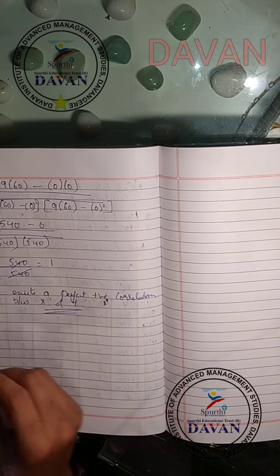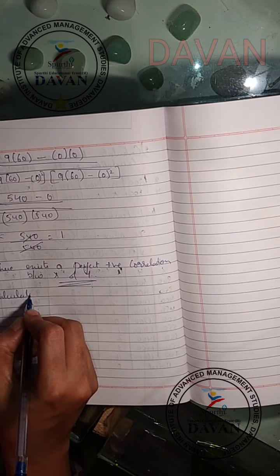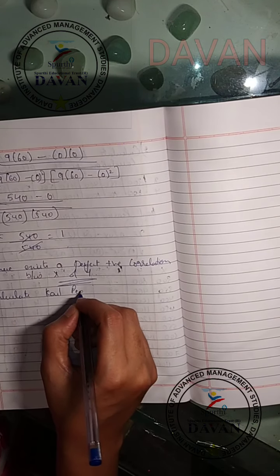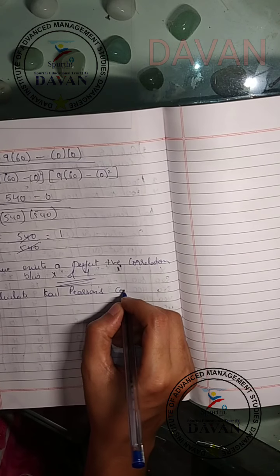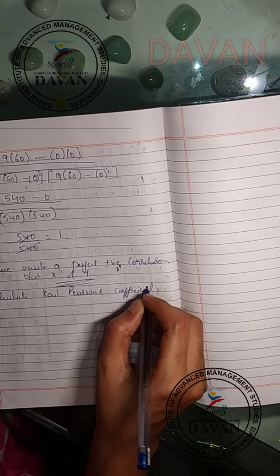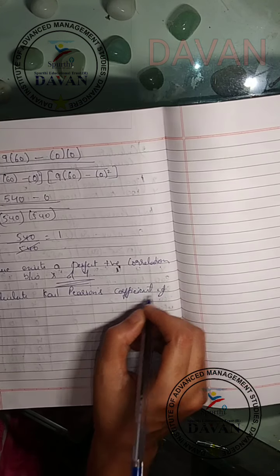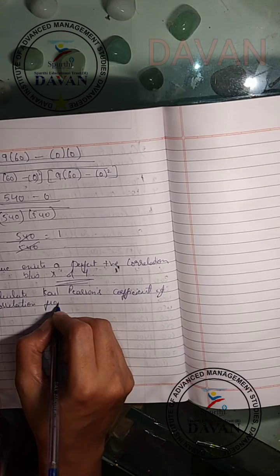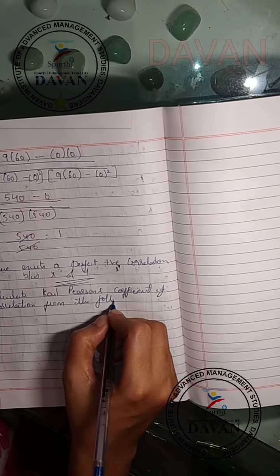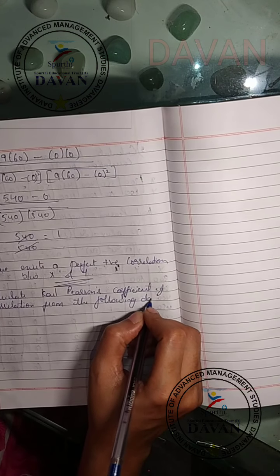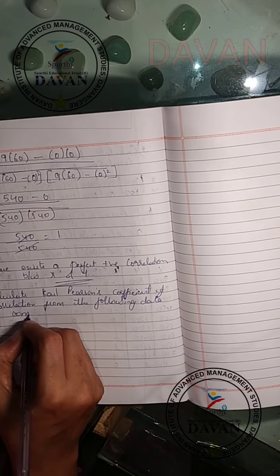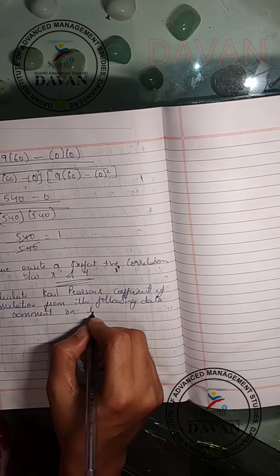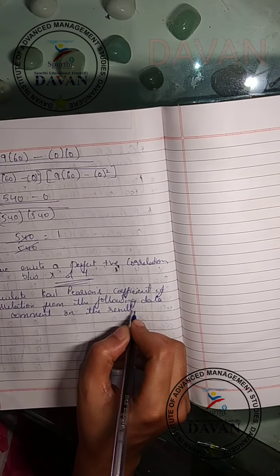The one problem what I give you here, you can try it by yourself. Calculate Karl Pearson's coefficient of correlation from the following data and comment on the result.